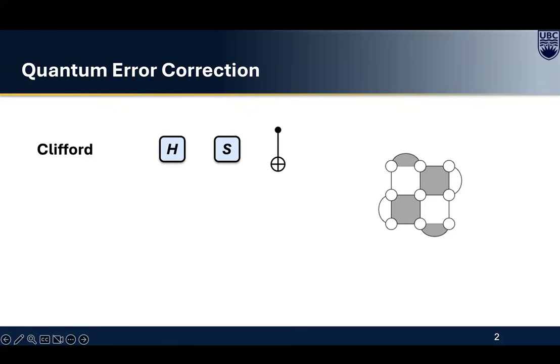But the Clifford gates themselves are not universal, so we can't perform universal quantum computing with just these gates. We do need the addition of one non-Clifford gate, and the choice for that is usually the single qubit T gate. The problem is that while it enables universal fault-tolerant quantum computing, it cannot be directly implemented in most quantum error correction codes.